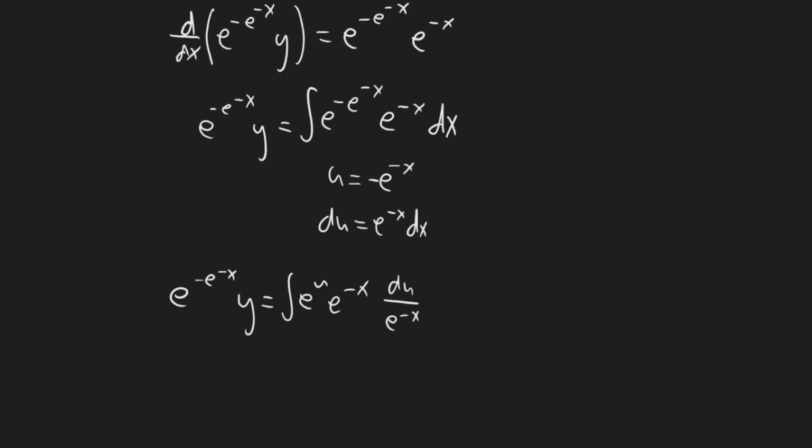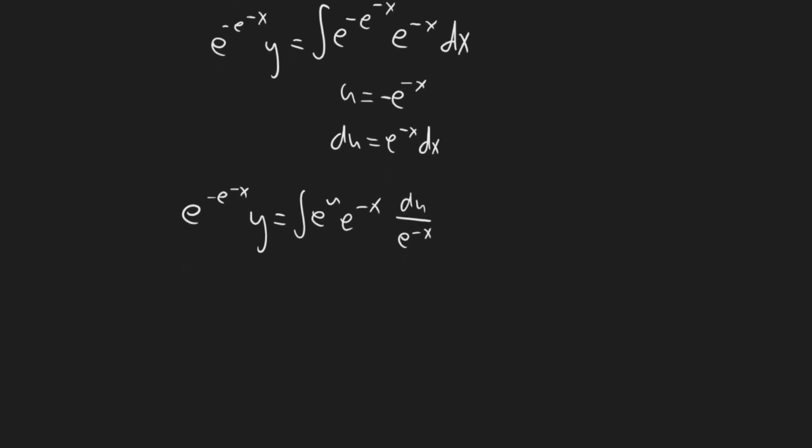So here you can see why we set u to be e to the negative x. So these two cancel, and now you're left with just the integral of e to the u du, like that, which is, of course, e to the u plus c, which in this case is equal to e to the negative e to the negative x, I'll write that a little bit better, plus c.